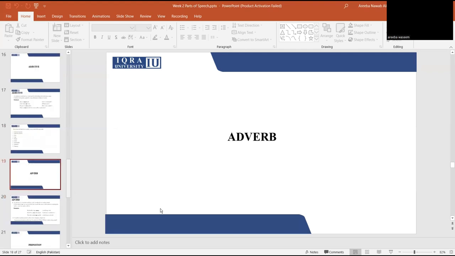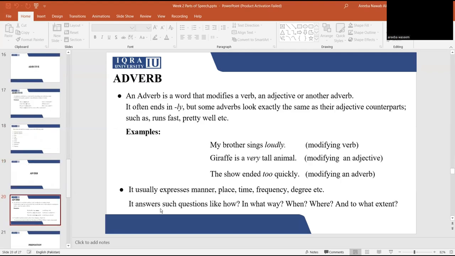Okay. Moving on to adverb. An adverb is a word that modifies a verb, an adjective, or an adverb. It often ends in "ly", but some adverbs look exactly the same as their adjective counterparts, such as runs fast, pretty well, etc. Examples, what do we have?